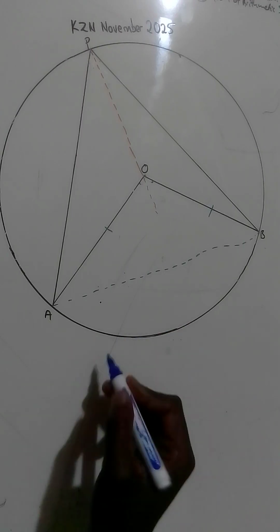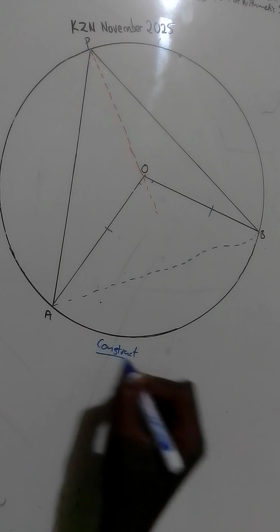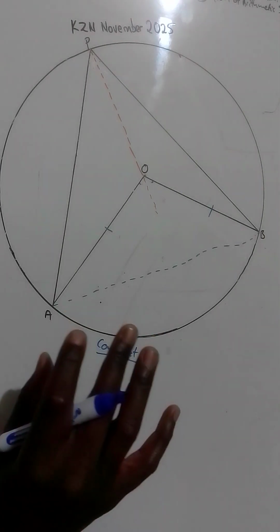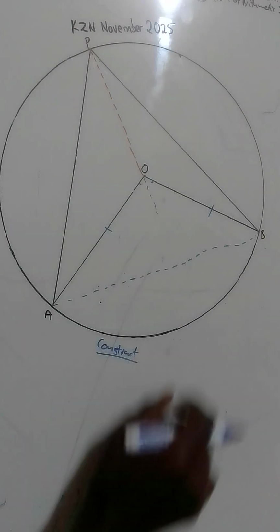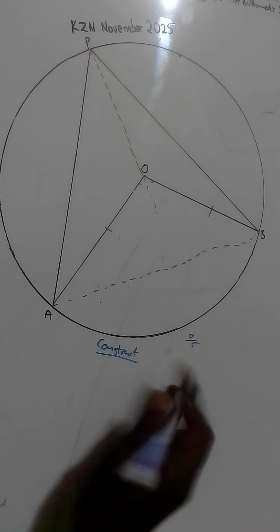Now I say construct. If you don't write that you are going to construct anything, please know this question is 5 marks, you get 0 out of 5.